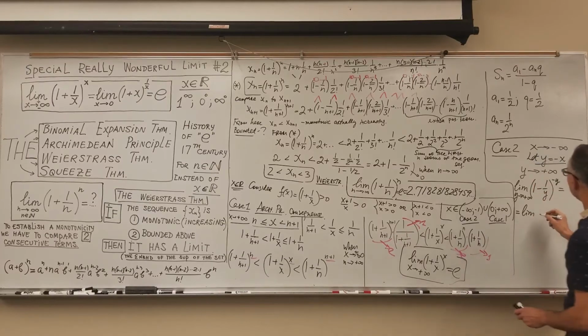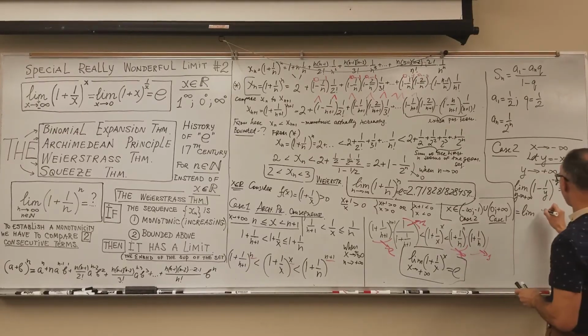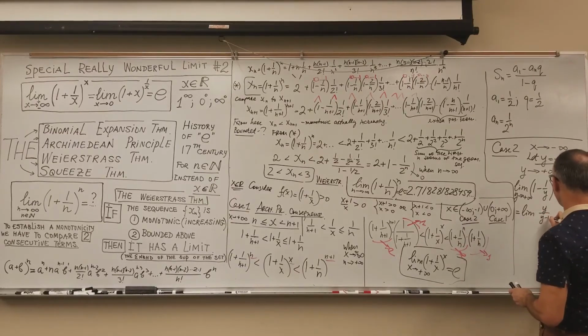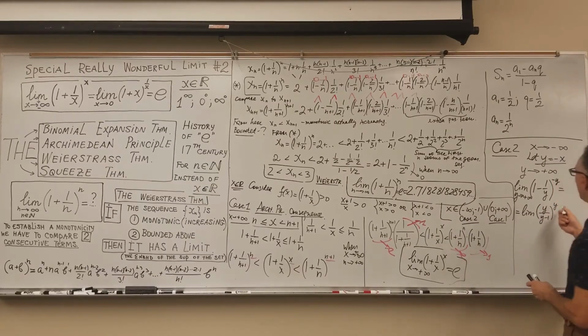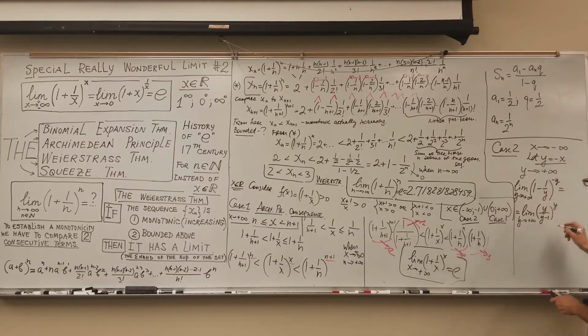So combined here will be y minus 1 over y, reciprocal will be positive power, so y over y minus 1 now will be plus y here in the power, and y goes to plus infinity. I can write y minus 1 plus 1. So it's the limit of y minus 1 plus 1 over y minus 1, everything to the power of y, as y goes to plus infinity.